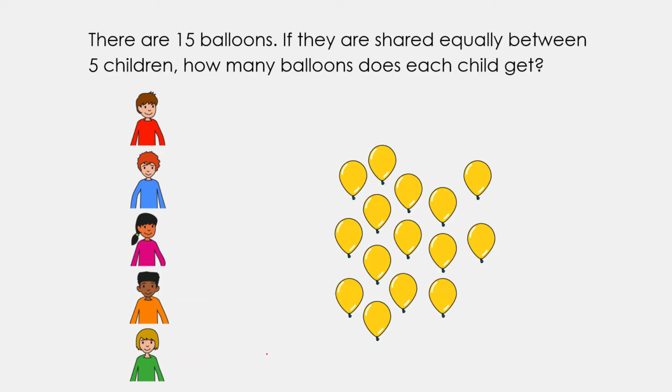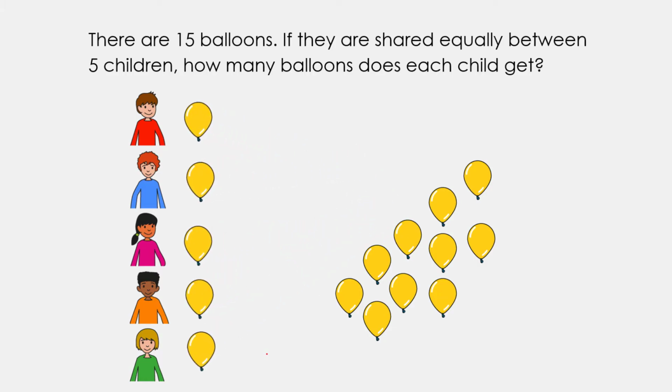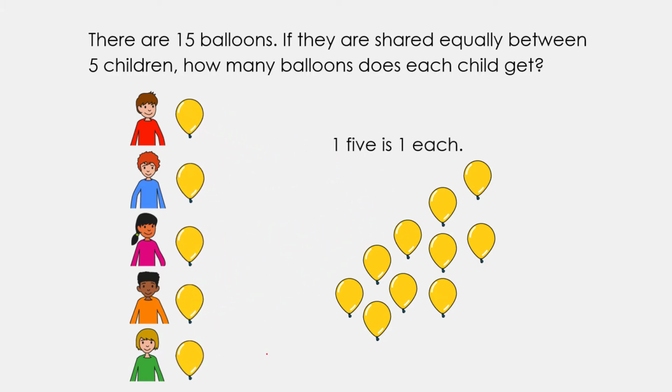Next one, there are 15 balloons. If they are shared equally between 5 children, how many balloons does each child get? How would you do this? How do you think I'm going to do this? Let's start. So, 1 5 is 1 each.